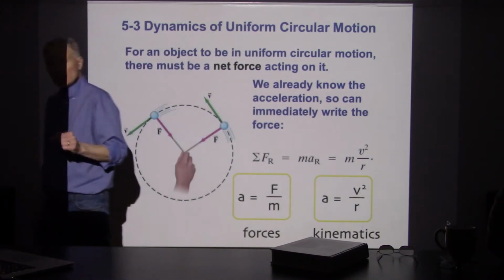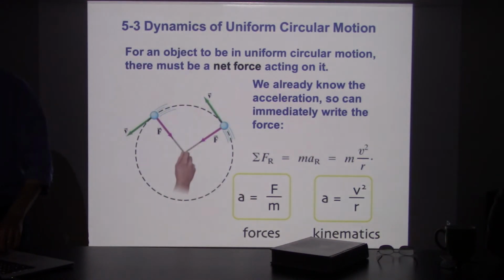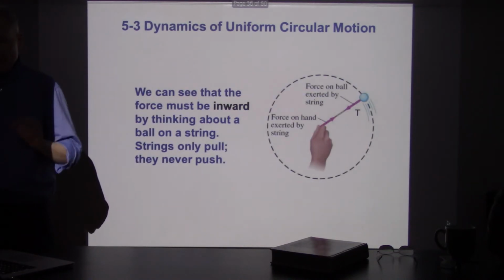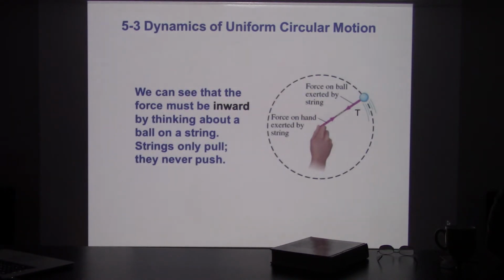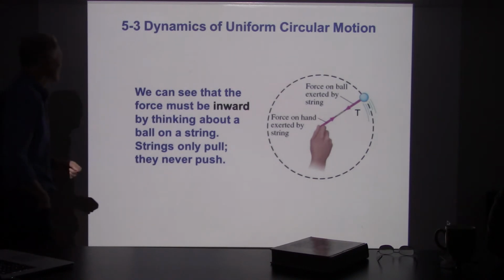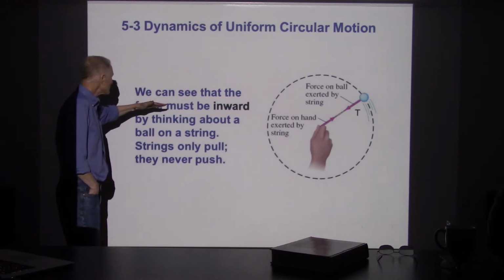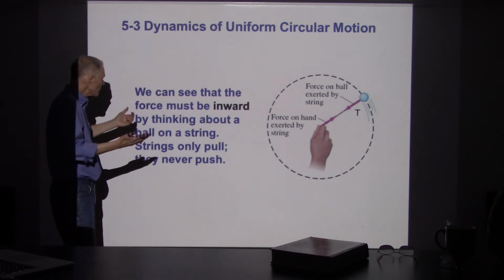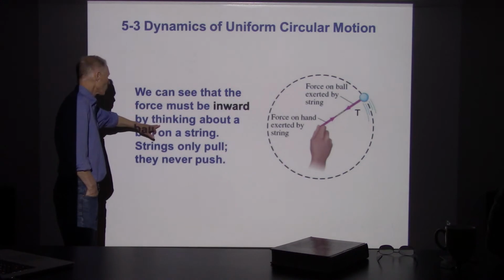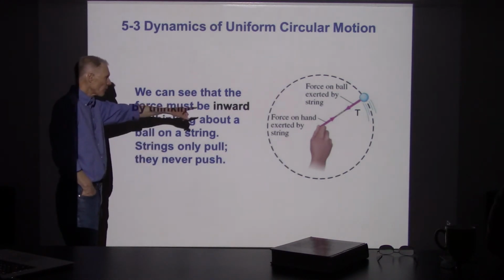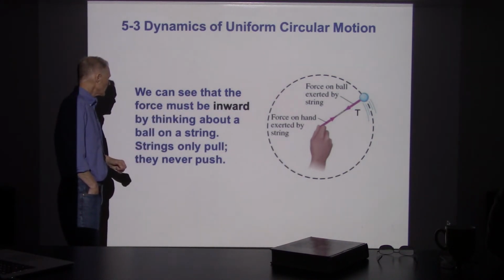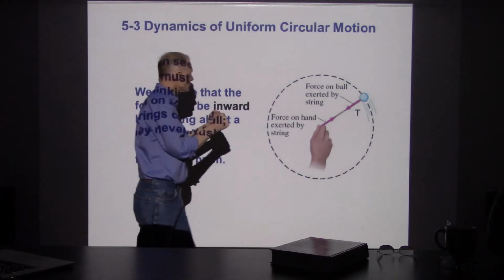The force is going to be in the direction of the acceleration, and that direction is going to be towards the center of the circular motion. So the force must be, if we stop and think about it, inward, like with a ball on a string. The string is pulling the object in.